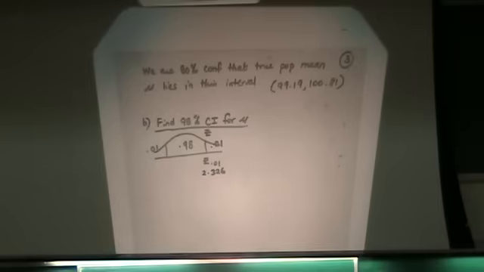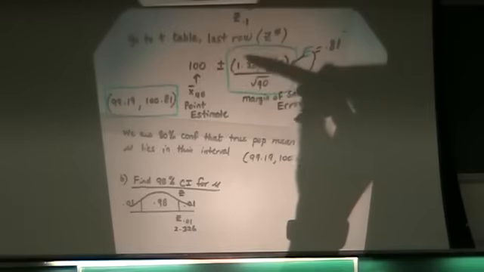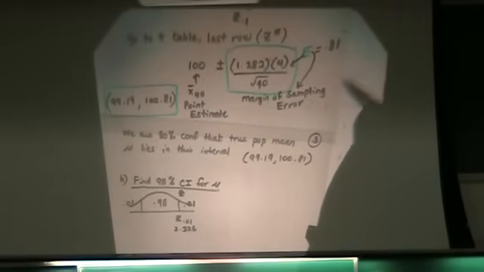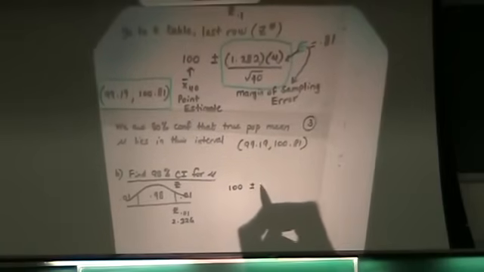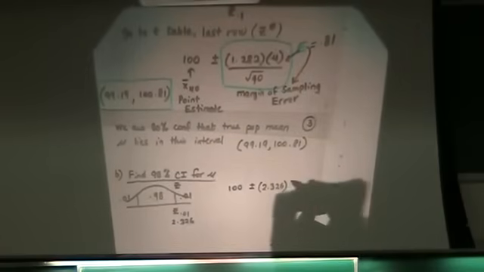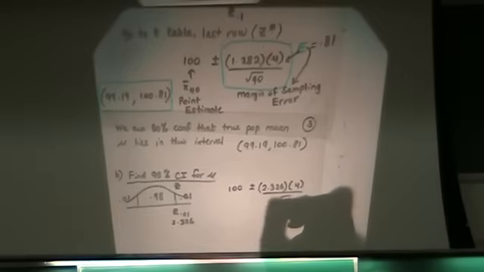So in my old formula, the only number that's going to change is this one. This 1.282 is now going to be replaced by 2.326. Everything else stays the same. You see? X bar is 100 plus or minus 2.326 times sigma over rad n.